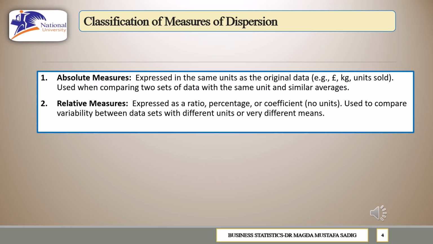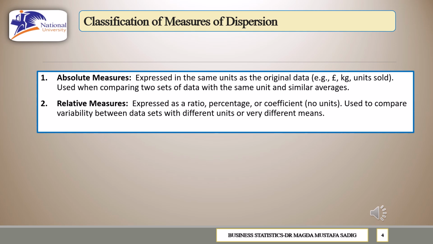In this slide, we classify measures into absolute measures expressed in the original units and relative measures expressed as ratios, percentages, or coefficients without units. So measures of dispersion can be classified into 2 major categories: absolute measures of dispersion and relative measures of dispersion.